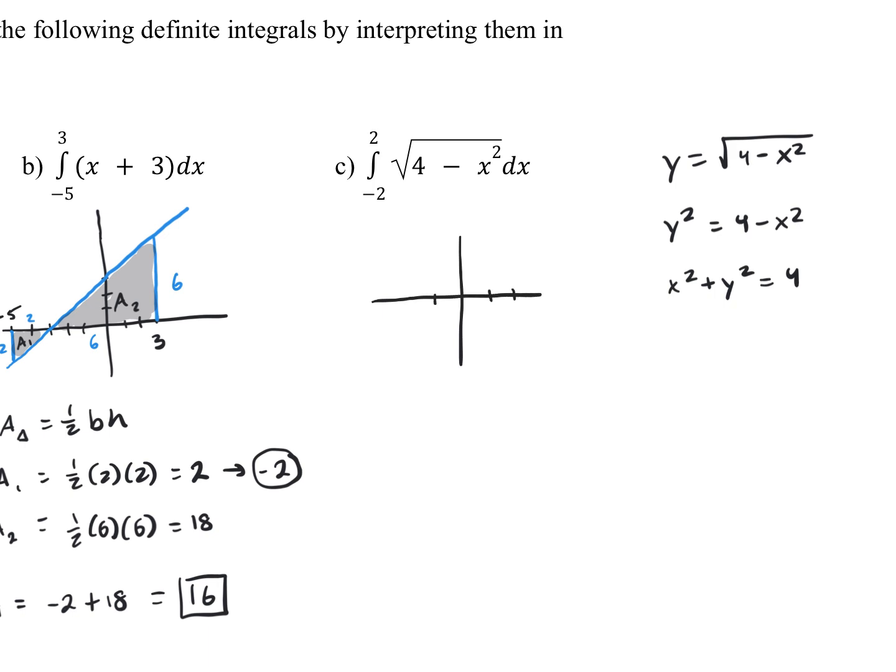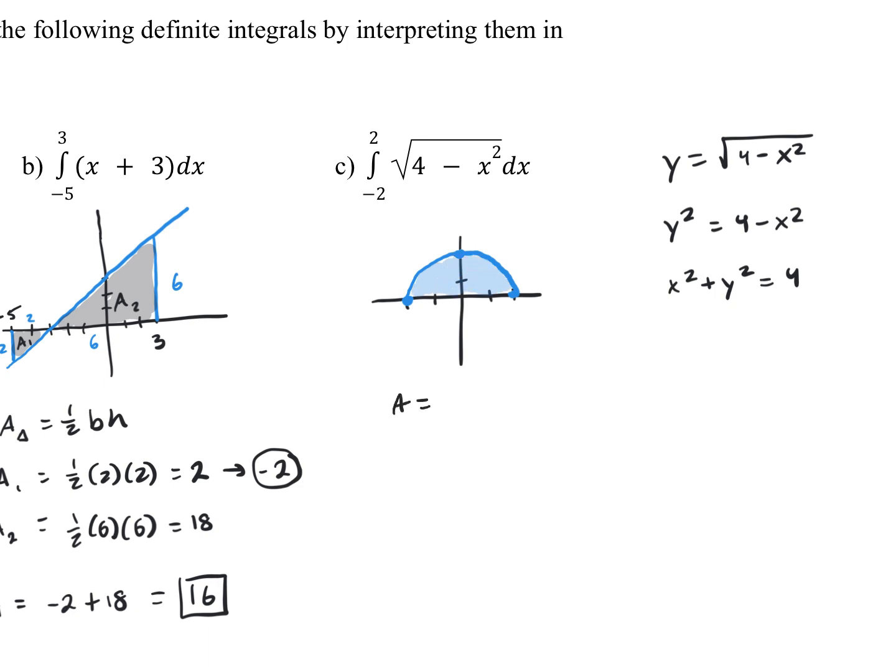So 1, 2, again, here, here, and here. If the center is at the origin, the radius is 2. These are 3 values from our semicircle. So it looks like this. And we just know that it's the part above the x-axis because it was just the positive square root. So we know how to find the area of a circle, and we could also, of course, find the area of a semicircle.